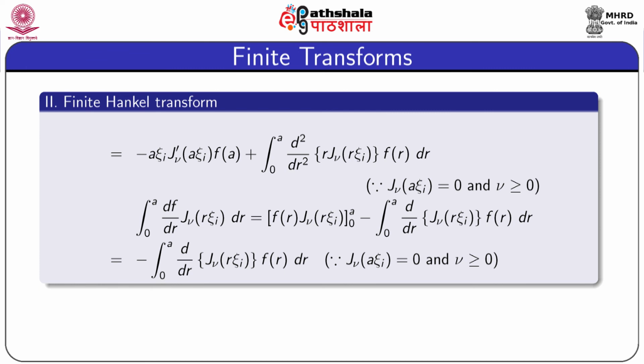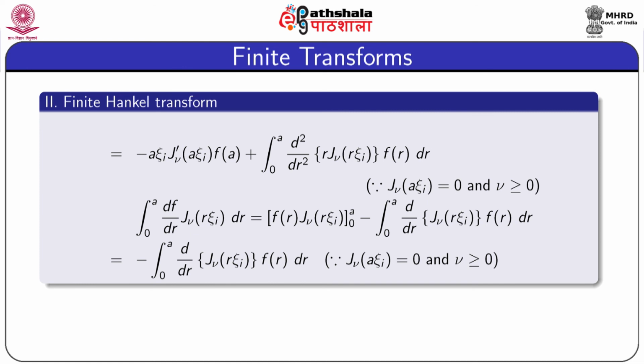Now, we are finding the value of the integral from 0 to a of df by dr J_nu(r xi_i) dr. We again apply integration by parts, taking df by dr as the second function and the other function as the first function, and the result can be seen here.